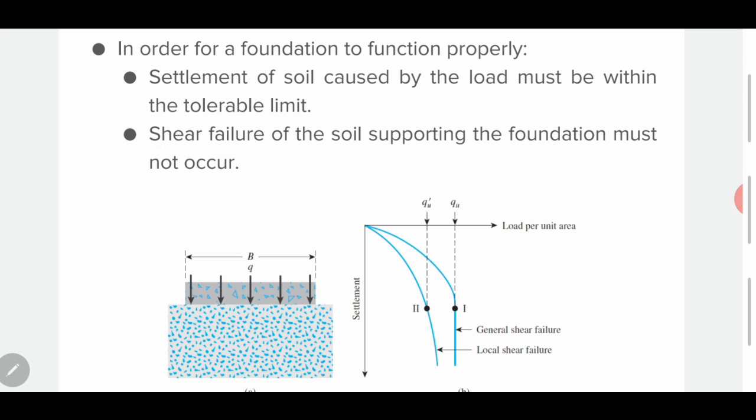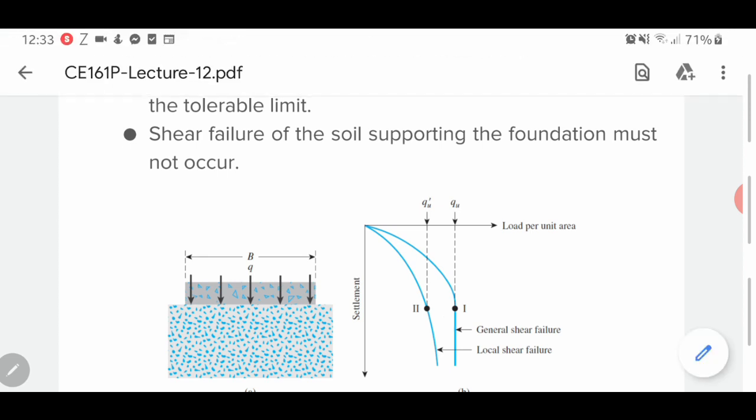So shear failure has three types of occurrences. Pero we're going to emphasize only two of them. So the first one is the general shear failure, and then the second one is what we call the local shear failure.